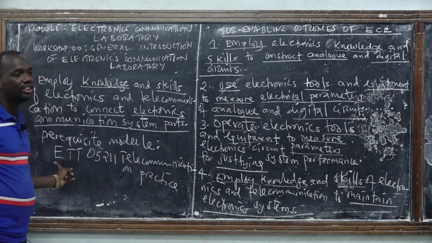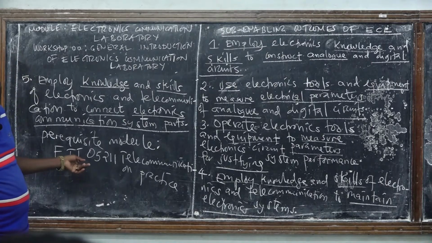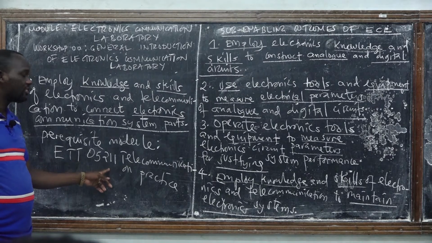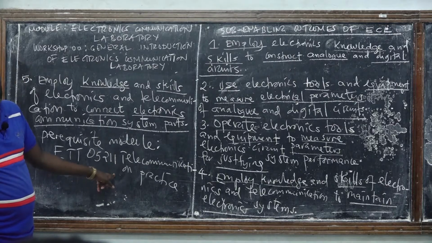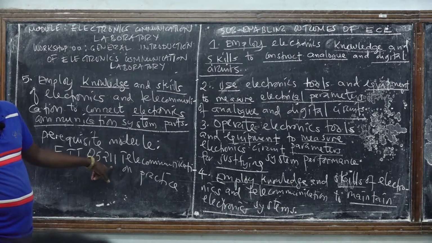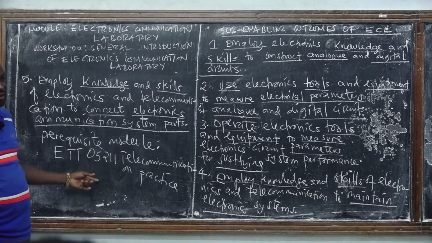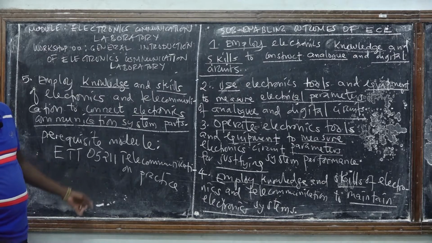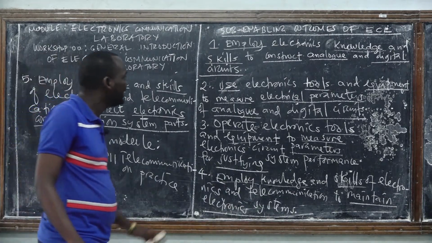E stands for electronics, T for telecommunication, T for technician, 05 for NTA level 5, 2 for semester 2, 1 for review of the curriculum, and 140 is the code number of this module. So this is an NTA level 5, second year ordinary diploma module, and you come from advanced secondary level.